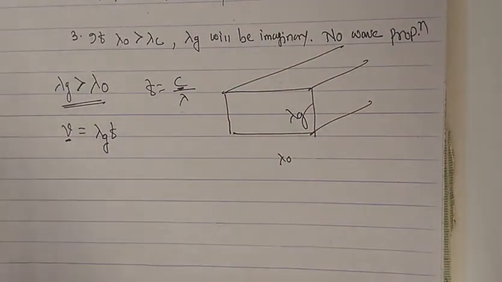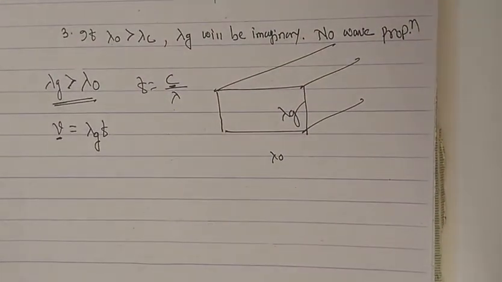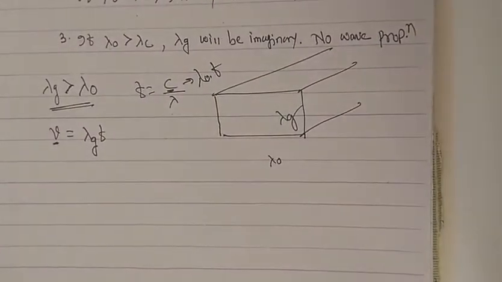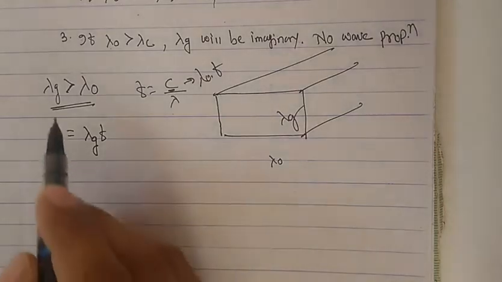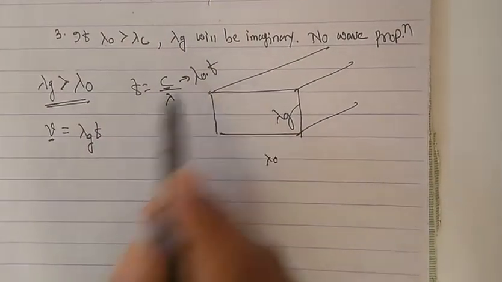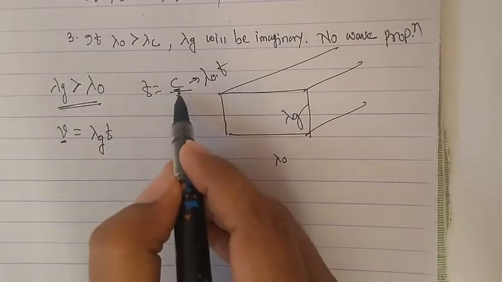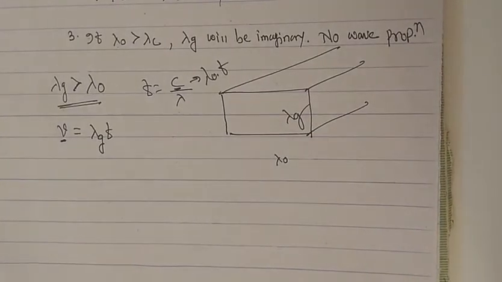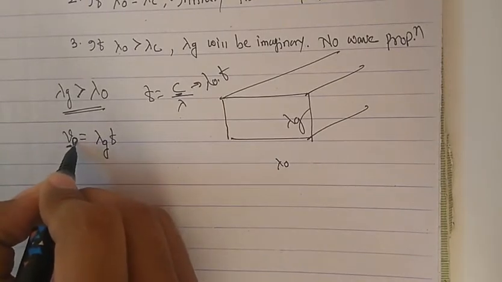But this c is the free space velocity, the speed of light, that is lambda 0 into f. And since lambda g is greater than lambda 0, this velocity will be greater than this velocity. This is contradicting, since no signal can travel faster than the speed of light. Hence, this v is actually called the phase velocity.